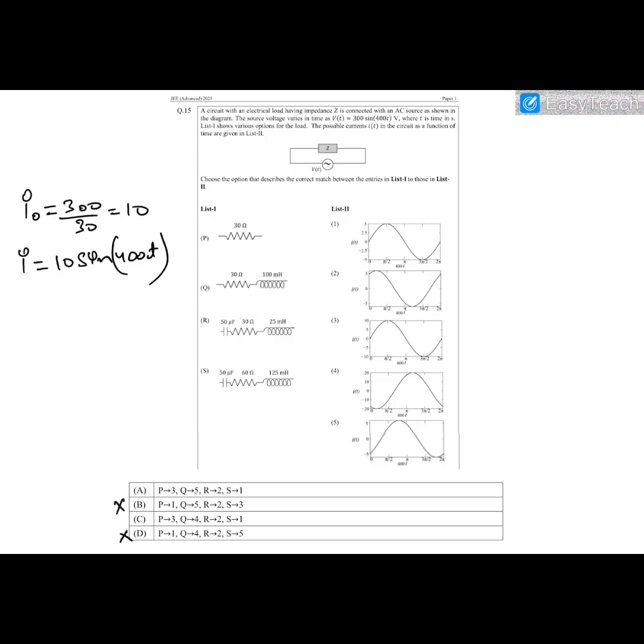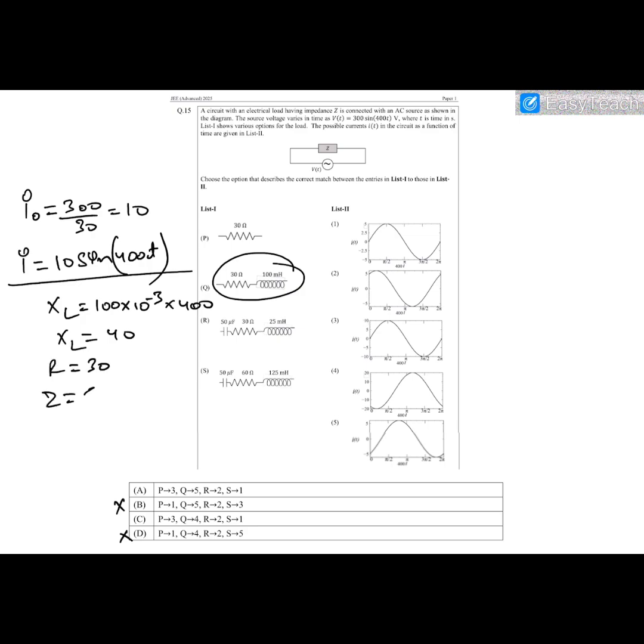In option Q you can see that XL is 100 into 10 to the power minus 3 into omega, which is 400, so it is 40, and R is 30 and Z is 50. So the peak value of the current will be equal to 300 by 50, so it is 6.